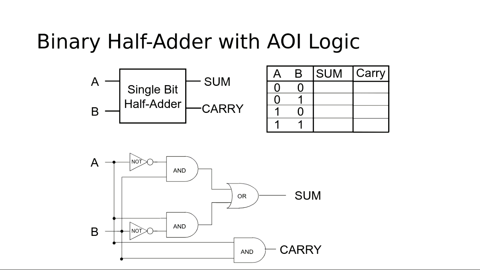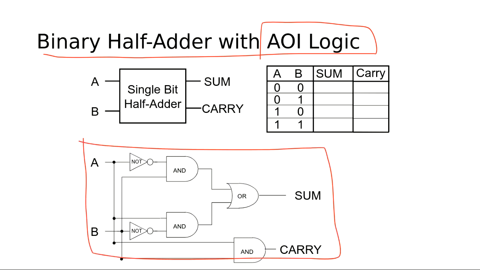In this slide, you will see a binary half adder with AOI logic. What is AOI? A for AND, O for OR, I for inverter logic. In this combinational logic circuit, you see three types of gates: AND, OR, and NOT. So I will show you how this logic circuit works on MULTISIM.